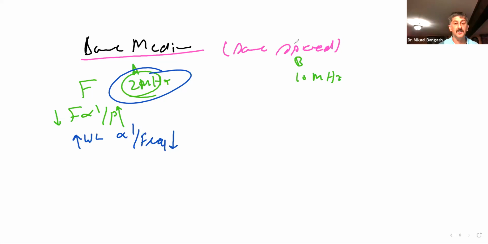In soft tissue the wavelength is 1.54 millimeter, and over here it is 0.154 millimeter, which means a shorter wavelength because of a higher frequency.